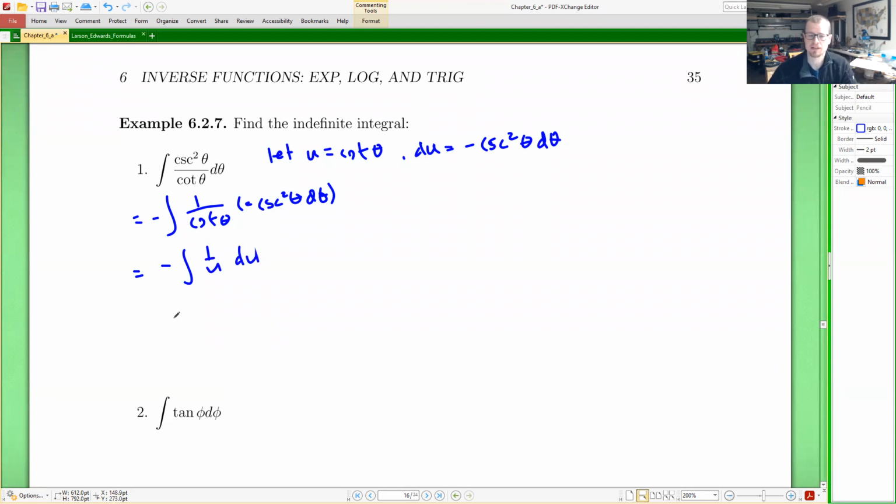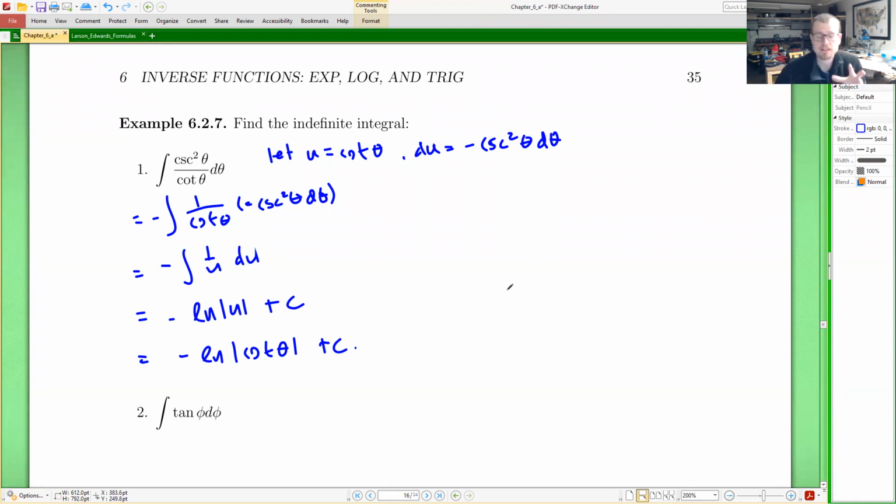And that would just be the negative of the natural logarithm of the absolute value of u plus c. Make our substitution back, so we have the negative natural log of the absolute value of cotangent theta plus c. And that's it. That's not horrible.